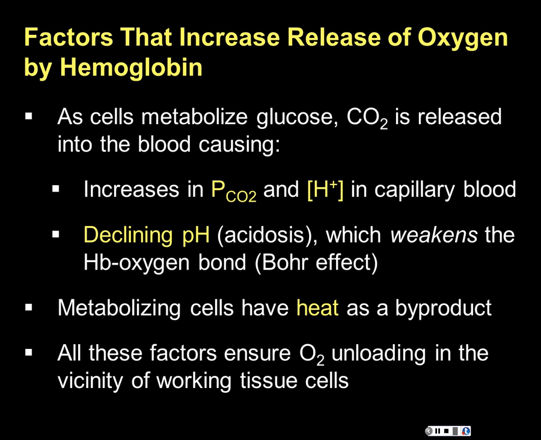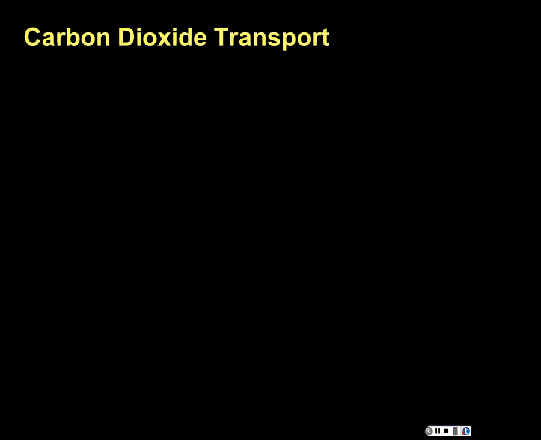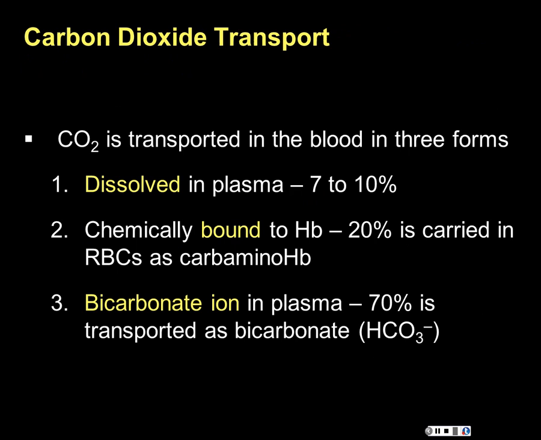It can be dissolved in the plasma, converted to bicarbonate ion, and bound to hemoglobin. So we've got an additional mechanism for transporting carbon dioxide. A small proportion of it can be dissolved in the blood plasma. And we also noted last week that hemoglobin can bind not just oxygen, but carbon dioxide and other molecules. When it's bound to hemoglobin, the proper term is carbaminohemoglobin.